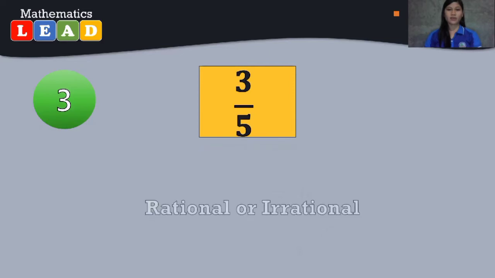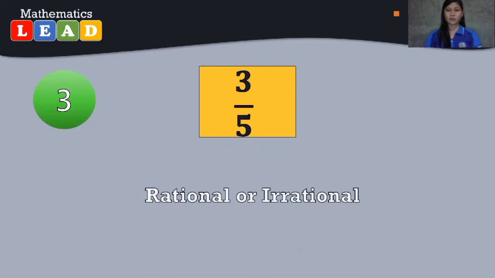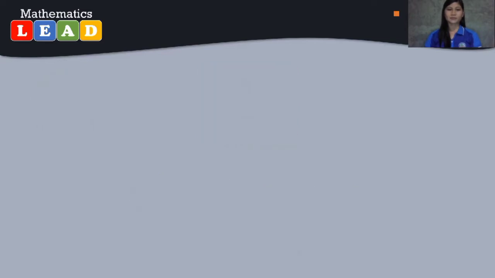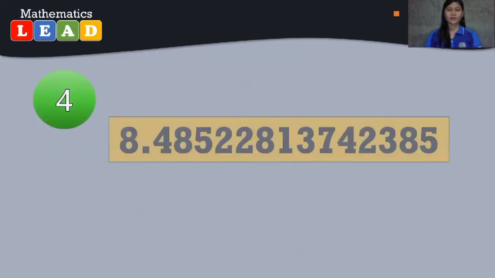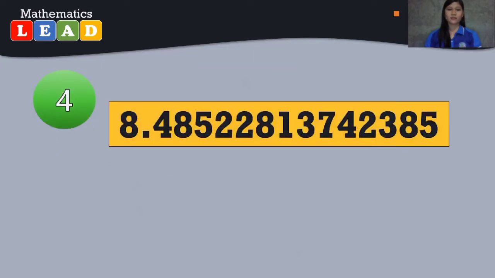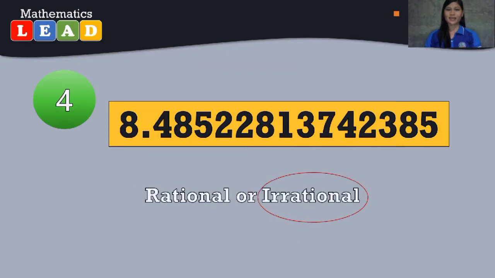Is 3 over 5 a rational or irrational number? Yes, it is a rational number. Number 4 is 8.48522813742385. Is it rational or irrational? Yes, it is a rational number.